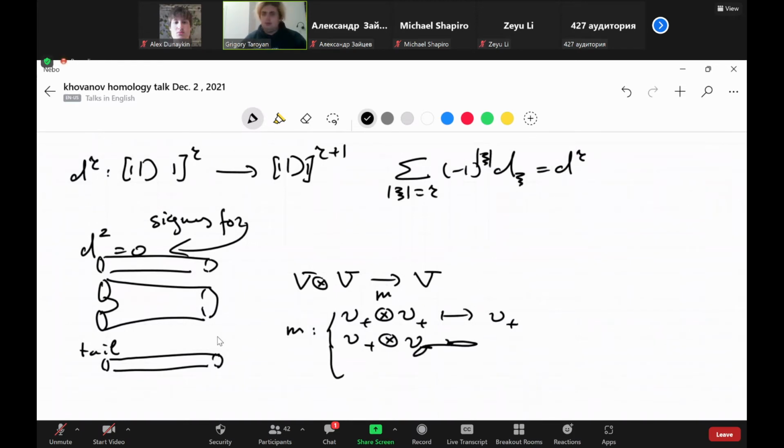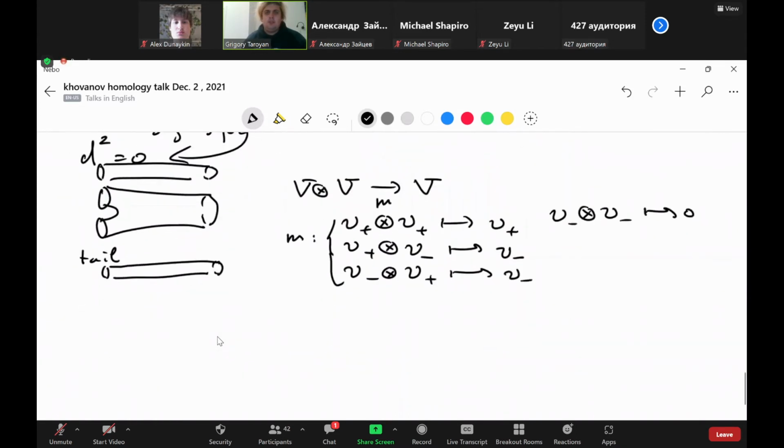Sorry, my pen is misbehaving. So it maps to 0, and we define the multiplication, and now we need to define the comultiplication.